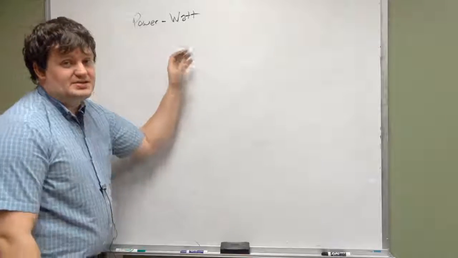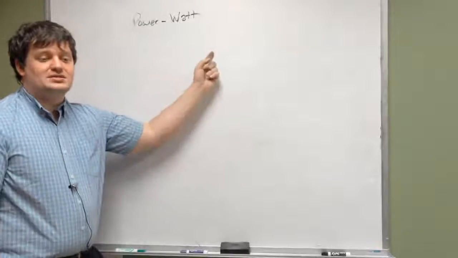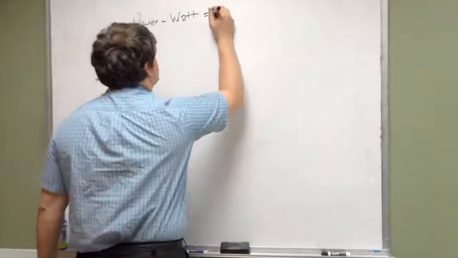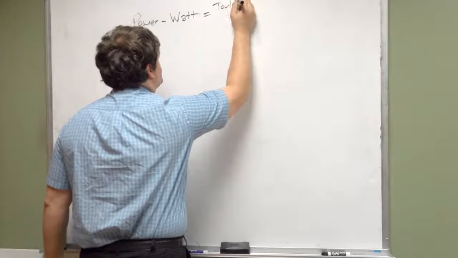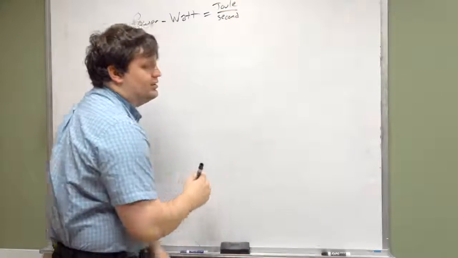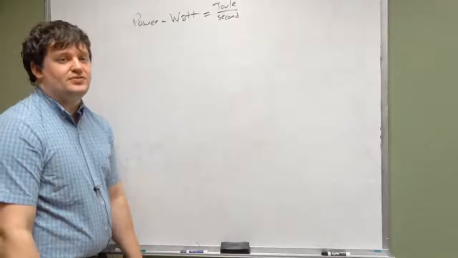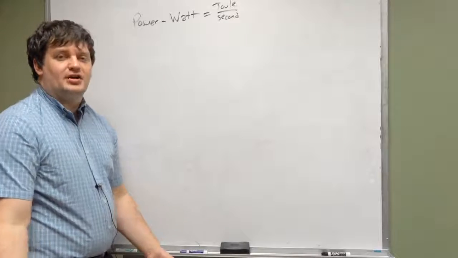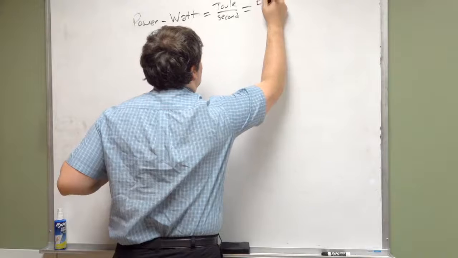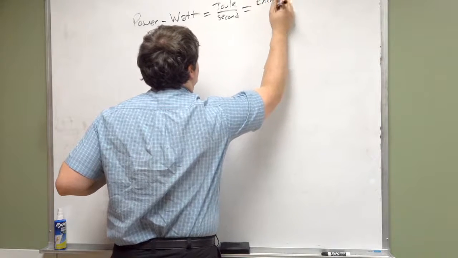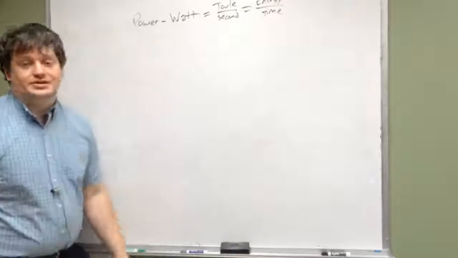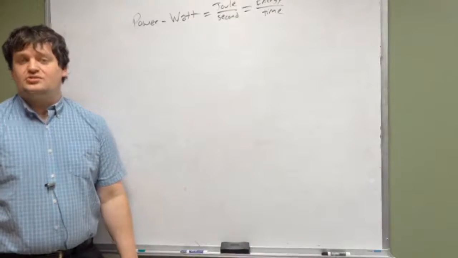Okay, the base unit for power is a watt. A watt is equal to a joule per second. Okay, a joule is the base unit for energy. So this is the amount of energy change per time. And that's what power is. It's energy change.